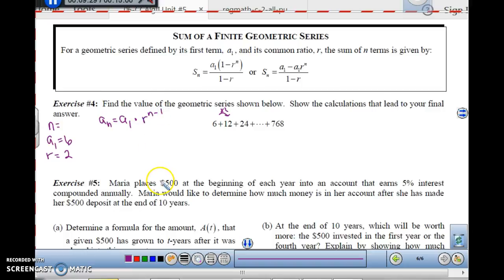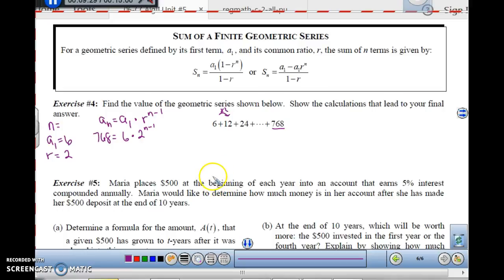We know that the last term of the sequence is 768, so I'm going to plug in 768. So a1, which we said was 6, times 2 raised to the n minus 1 will equal 768, because that'll be the last term of the sequence.